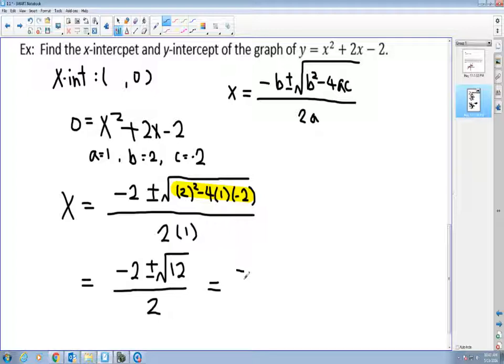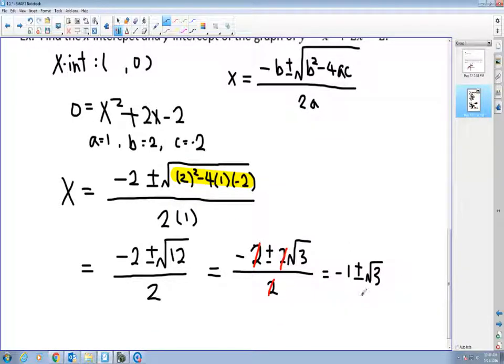So I get negative 2 up front, plus or minus 2 times the square root of 3, the whole thing over 2. Since all the numbers outside of my radical can be reduced, I can reduce them by 2, and that would just leave me with negative 1 plus or minus 1 times the square root of 3, or just the square root of 3.